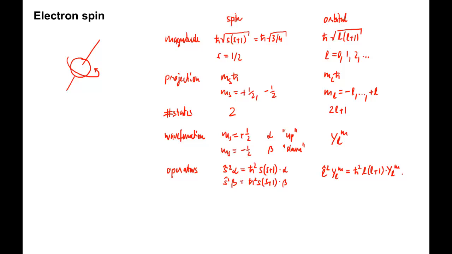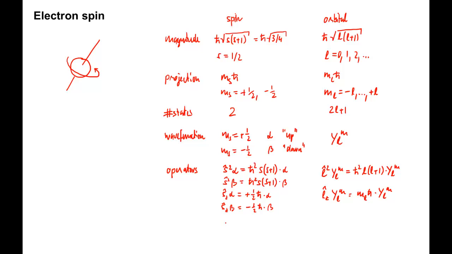The projection along an axis of choice, which is most often the vertical axis and labeled Z, is represented by the operator S Z. Operating on alpha, it will give plus 1/2 h bar times alpha, and operating on beta, it will give negative 1/2 h bar times beta, in complete analogy to L Z operating on Y L M, which gives m sub L times h bar times Y L M. As always, the states alpha and beta are normalized and orthogonal.